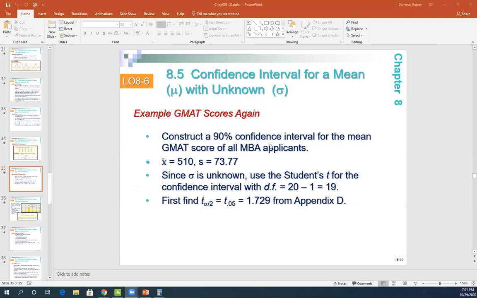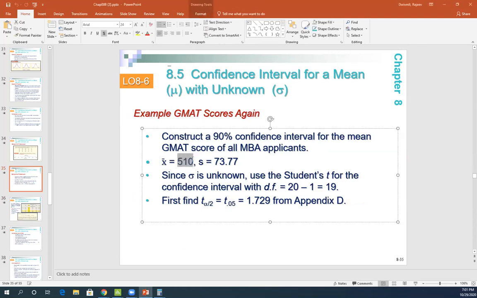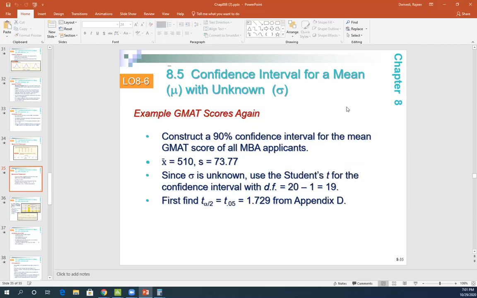You took a sample of 20 students, and you find the average based on the sample is 510, the standard deviation is 73 point something, and the sample size is 20. Now you are interested to know the average GMAT score of all students. How can we do it?